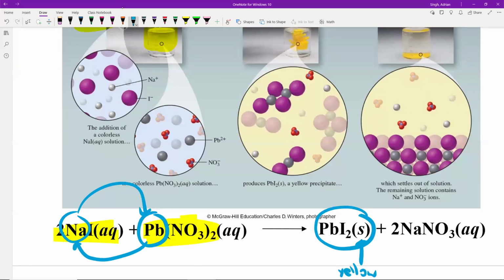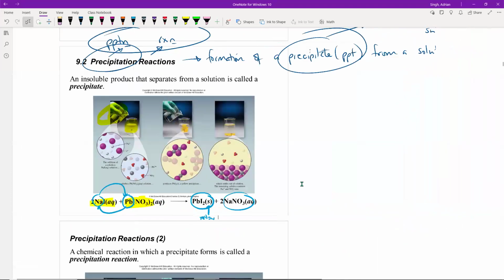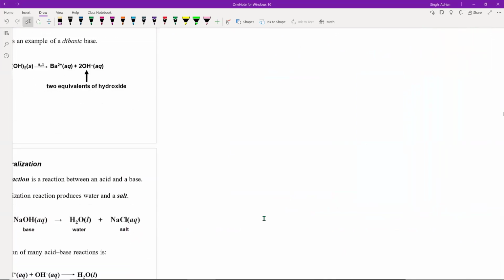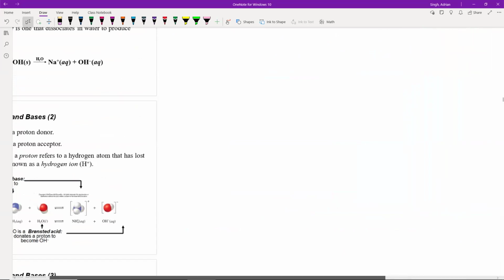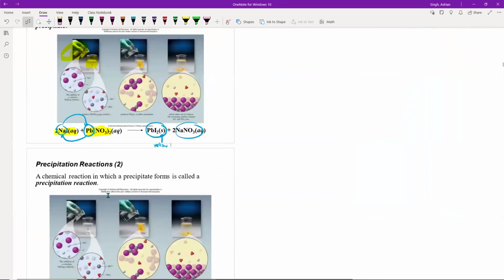The other combination, the sodium and the nitrate, makes sodium nitrate. That is just the remaining solution that's in the background. Okay, so this is a really good example of a precipitation reaction where we see the formation of a solid when you mix two aqueous solutions together.